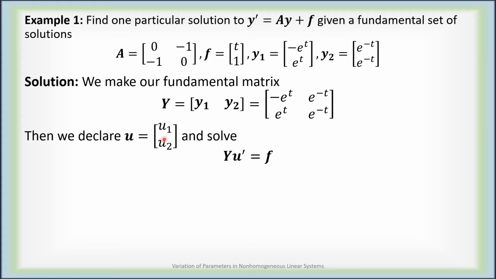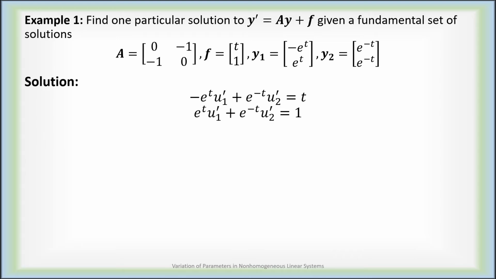It's just u1 prime, u2 prime. So just imagine that we're multiplying this matrix y by u1 prime, u2 prime, and the result should equal the forcing function t, 1. So in the first row, you'll end up with minus e to the t times u1 prime plus e to the minus t times u2 prime, but that should be equal to this first row of the forcing function, t. And in the second row, you'll have e to the t u1 prime plus e to the minus t u2 prime equals 1. And now the goal is solve for u1 prime, solve for u2 prime.